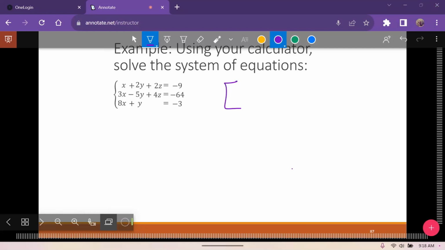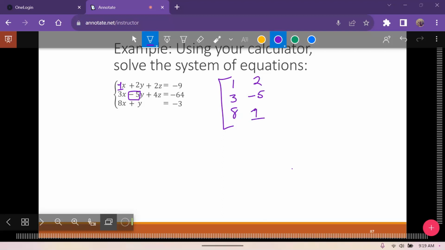So our augmented matrix here, we're using the coefficients. Since there's not a coefficient, we know that coefficient on x is 1. I didn't make my matrices big enough. So we have 1, 3, and 8 for our x values. For our y values, we have 2, -5, and 1 again, because we have this one here. You want to make sure you include the sign.